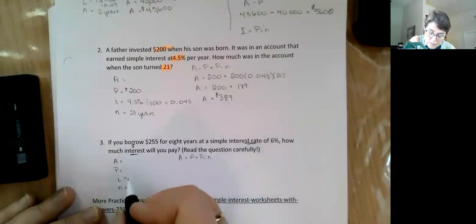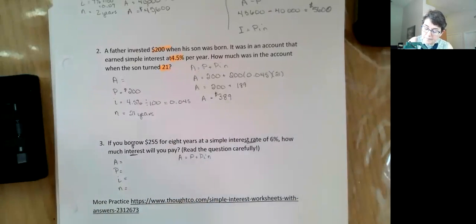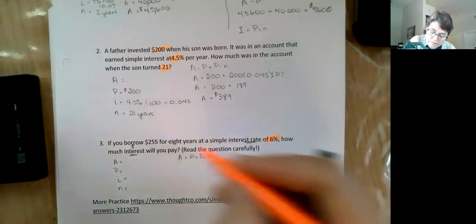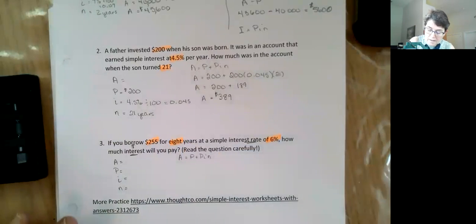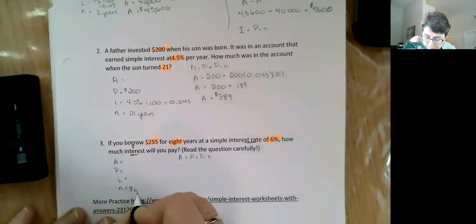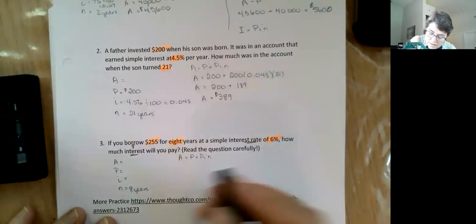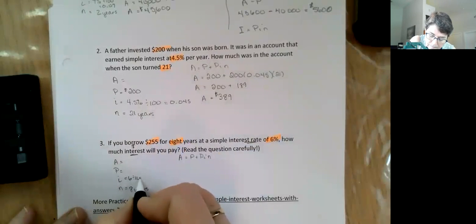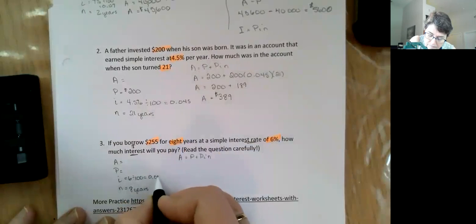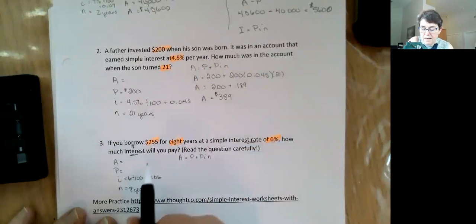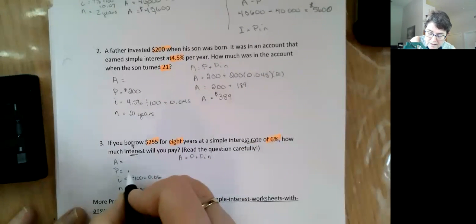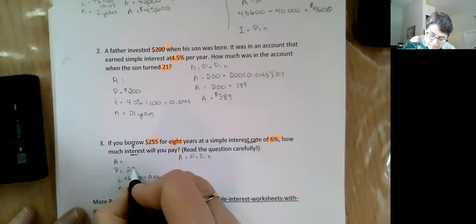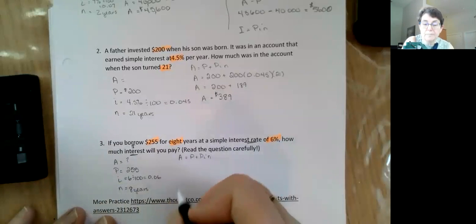All right, never mind, I'm going to do it the easy way. 6%. 8 years, that's easy. And the 225, that is what you borrowed. And the amount at the end, we don't know. So there we go.